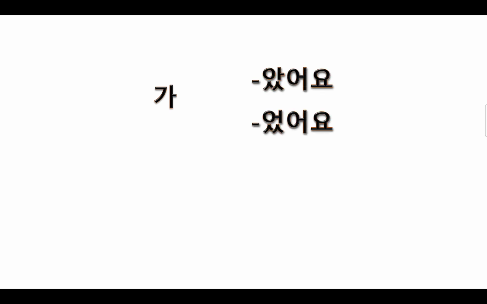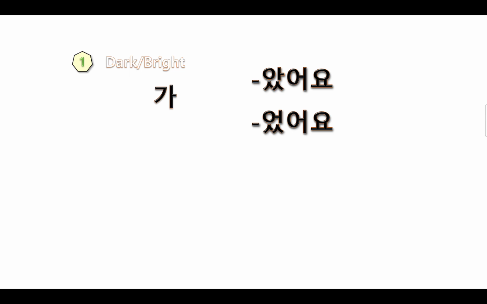And okay, so there is a verb 가다, to go. So we need to omit 다 always. And then because 가 is for past tense, we have two: 았어요, 었어요. We don't need to talk about 했어요 because this is not a 하다 verb. So between 았어요 and 었어요, the first step is bright vowel, dark vowel.